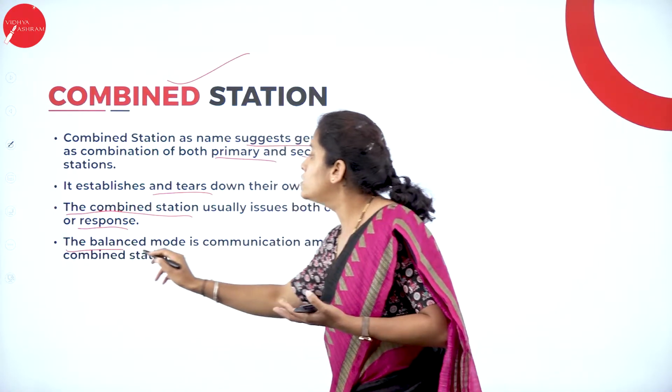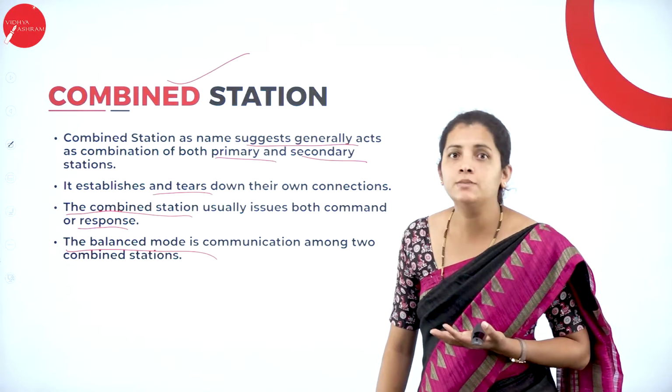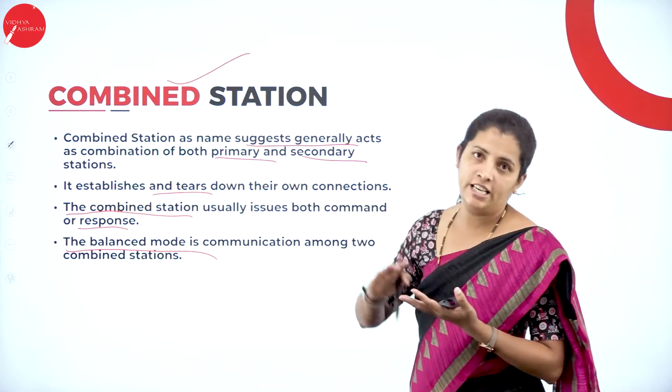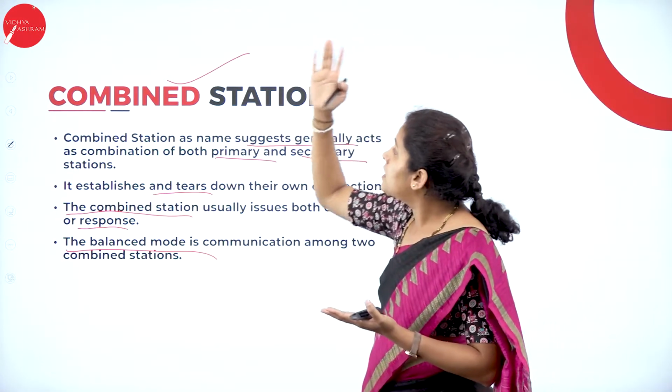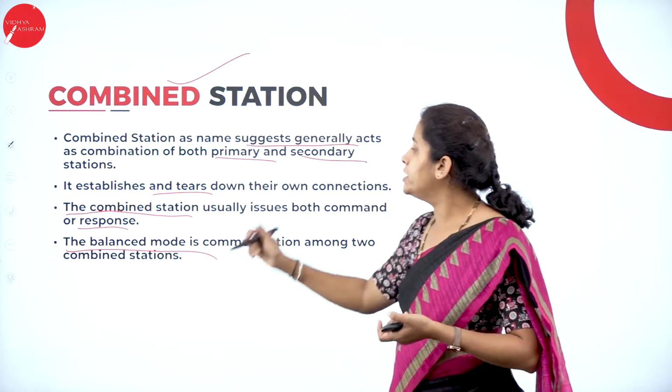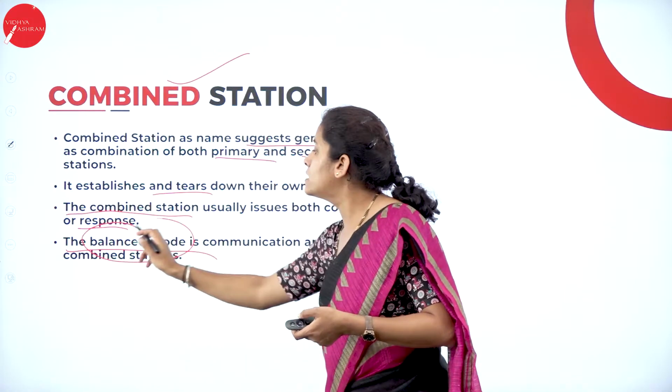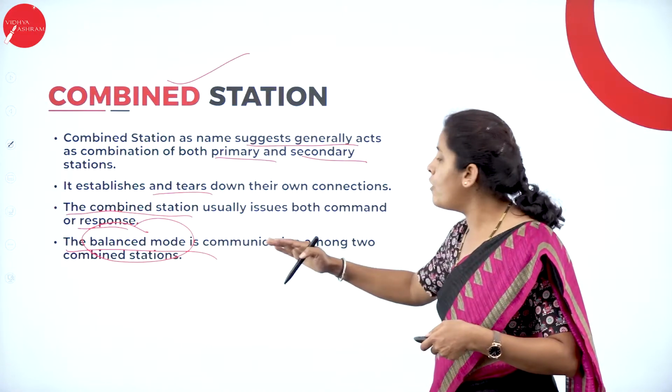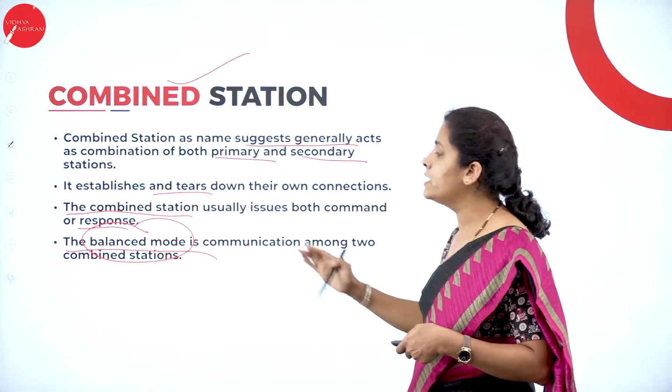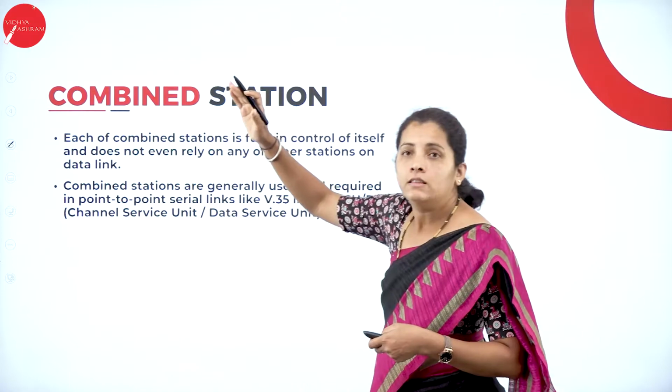So here it is going to use balanced mode to communicate with each other. In the combined station, it uses the balanced transmission mode of communication among the combined stations.